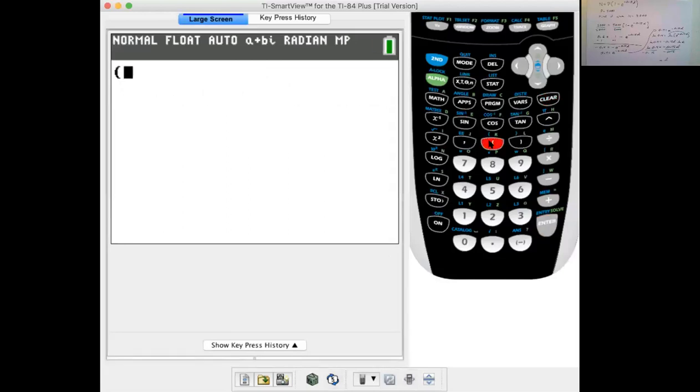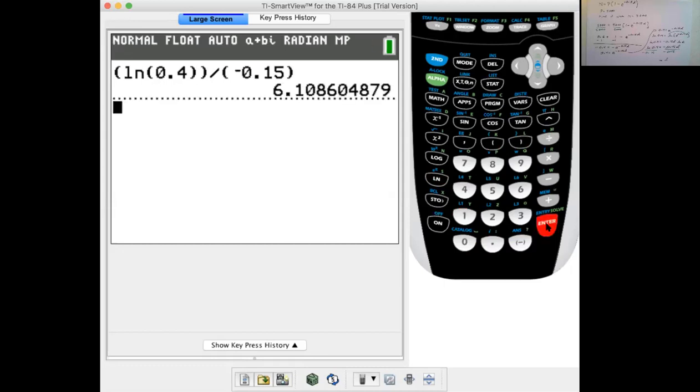So up top, natural log of 0.4, parentheses, divided by parentheses, negative 0.15. And what do I get? 6.109. So about 6.1, we'll go ahead and round it down.